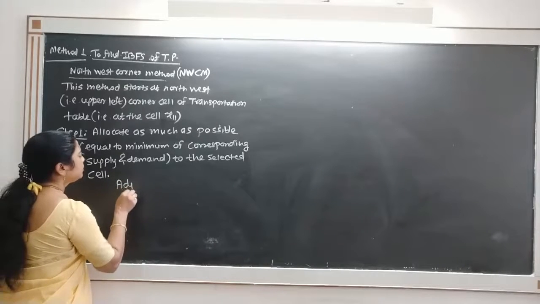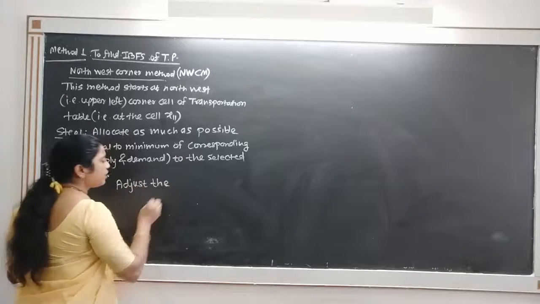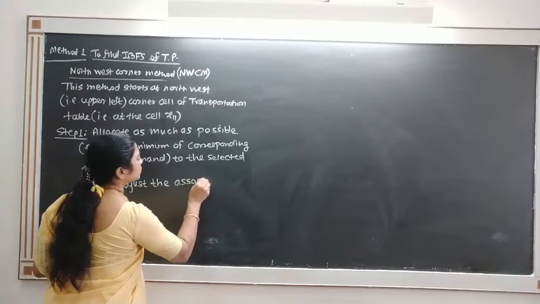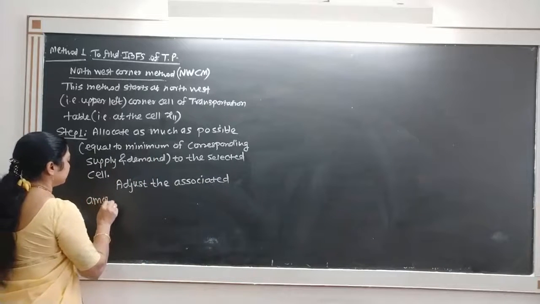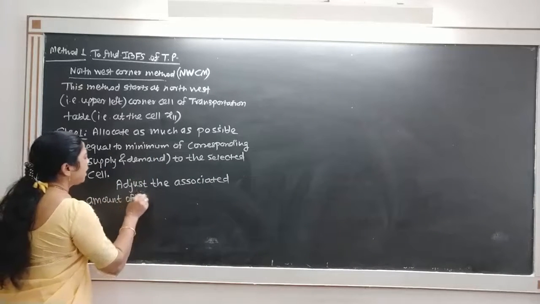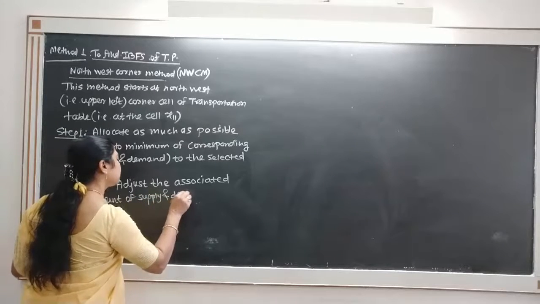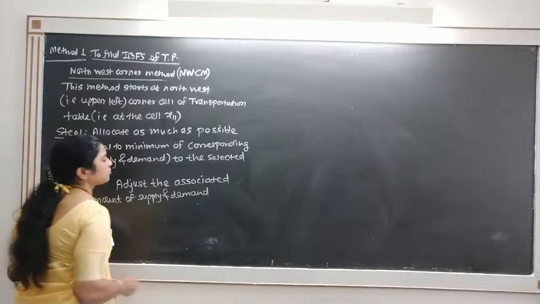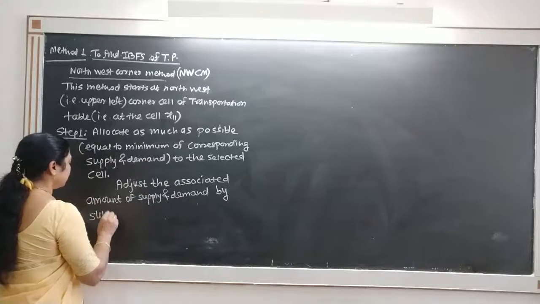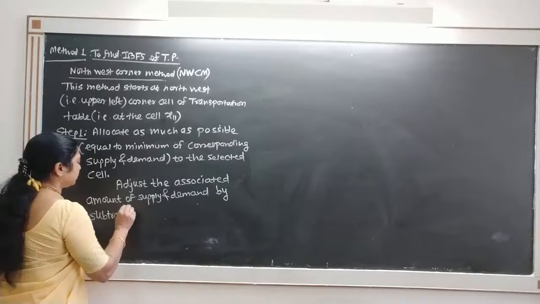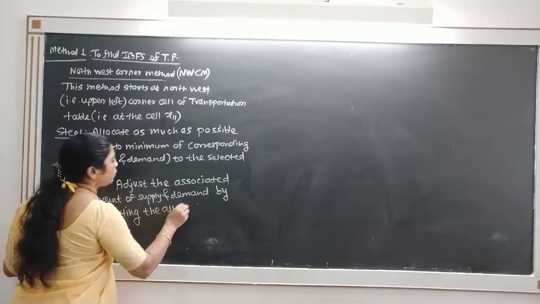Then adjust the associated amount of supply and demand by subtracting the allocated amount.